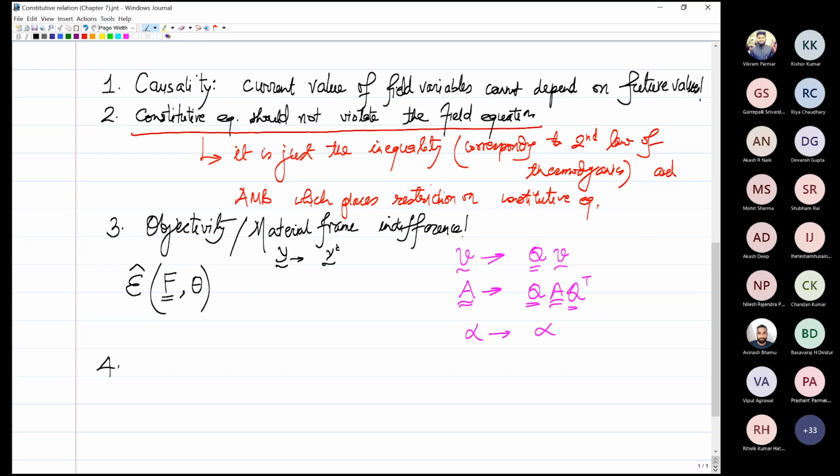But also epsilon being a scalar variable, epsilon star must be same as epsilon, right? So that means epsilon hat star as a function of F star comma theta star must be equal to epsilon hat.